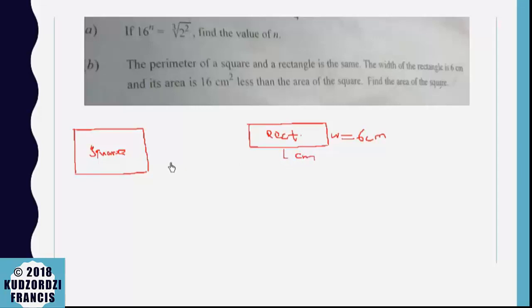Now I know that the mistake most students make is to use the length here to be the same as the length here. So note that the length of the square is not the same as the length of the rectangle. So this is the length of the square, and this is the length of the rectangle, which is small l.